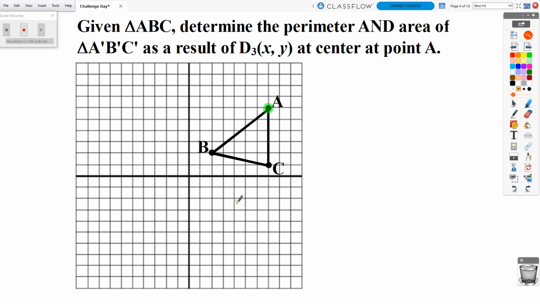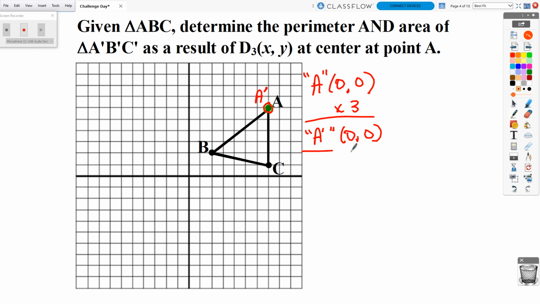All right, so using point A as our center, we're going to need some pretend coordinates, right? So A is pretending to be the center, so A is really pretending to be 0, 0, right? So if I multiply this by a scale factor of 3, where's A prime going to end up being at? Still at 0, 0. It's not going to move. So really, A and A prime, they're at the same spot.